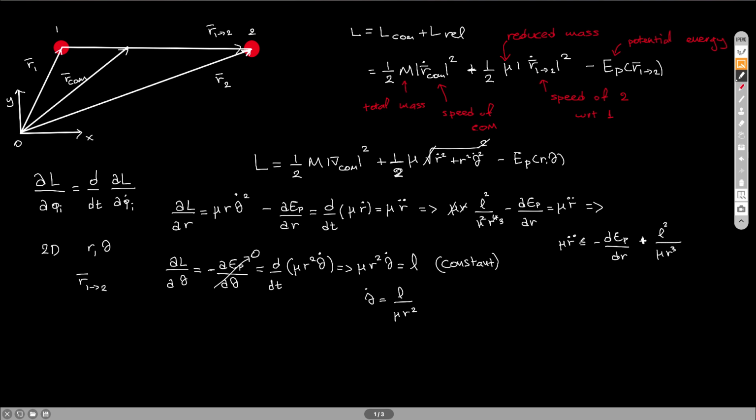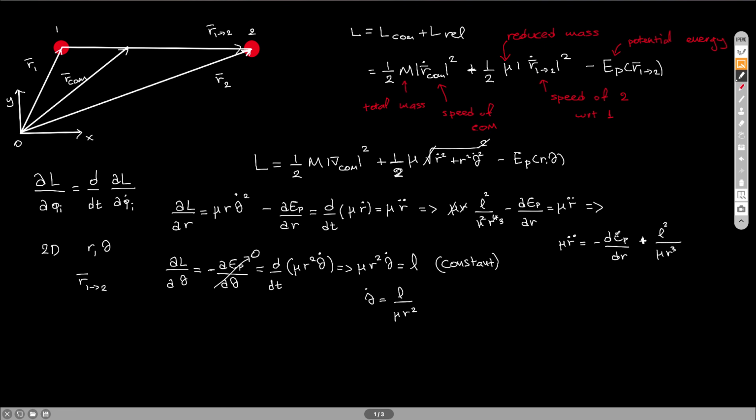So this is, if you want, what resembles mass times acceleration. And on the right side, I have minus the gradient, minus the derivative of the potential energy with respect to r. And this is a term that comes from a force. This is the conservative force that gives rise to the potential energy I have in the system.